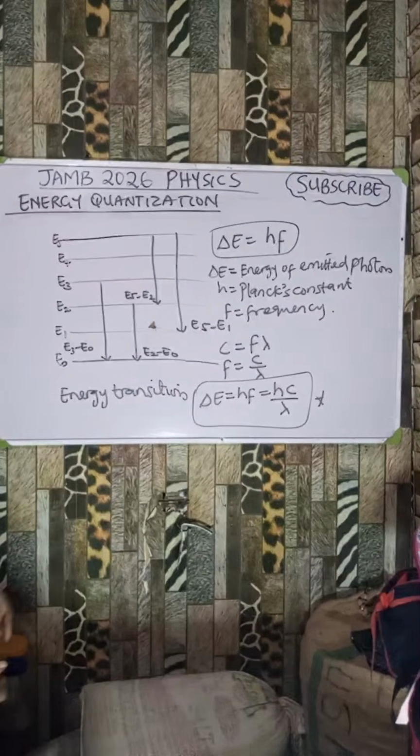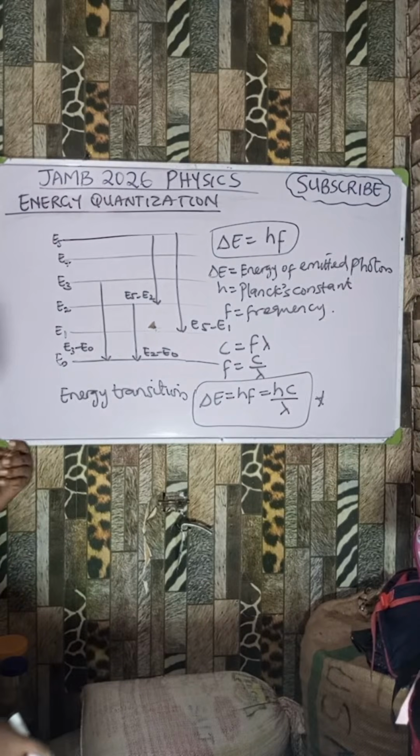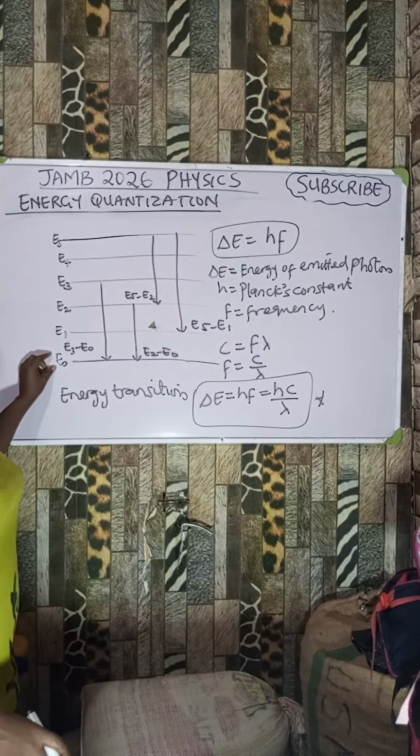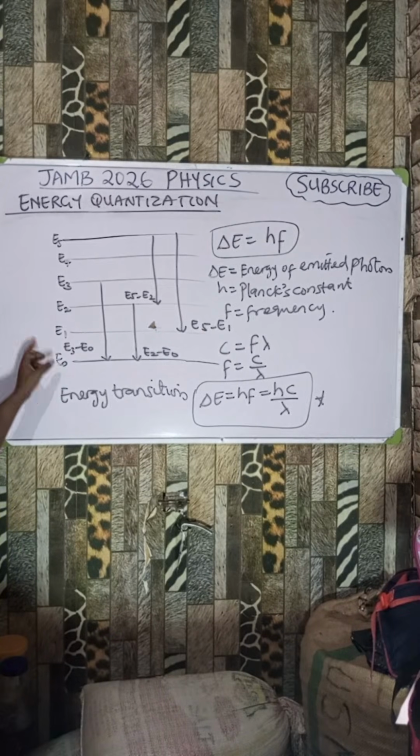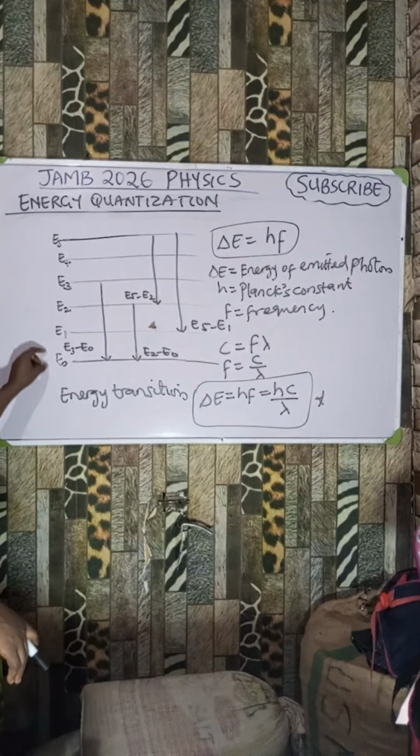Let me explain, okay? I said that atoms in their original state, this is the original state of this particular atom, right? But during excitation or during bombardment, they tend to jump from a lower energy level to a higher energy level.